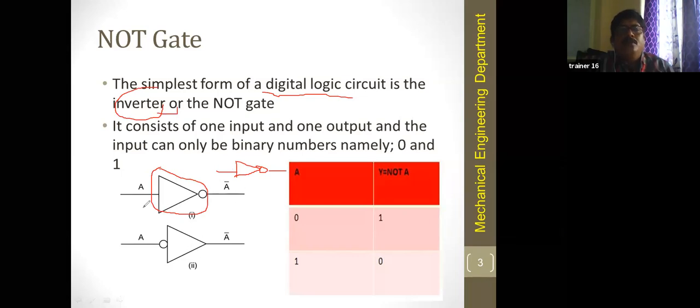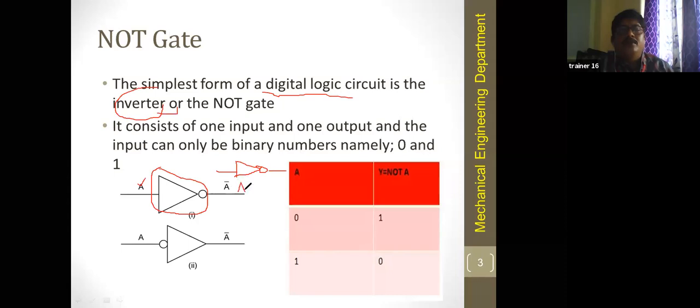If you observe clearly, for the NOT gate the input is only one input, which we are naming A, and the output of this NOT gate is A inverse, the inverse of A, that is A bar.